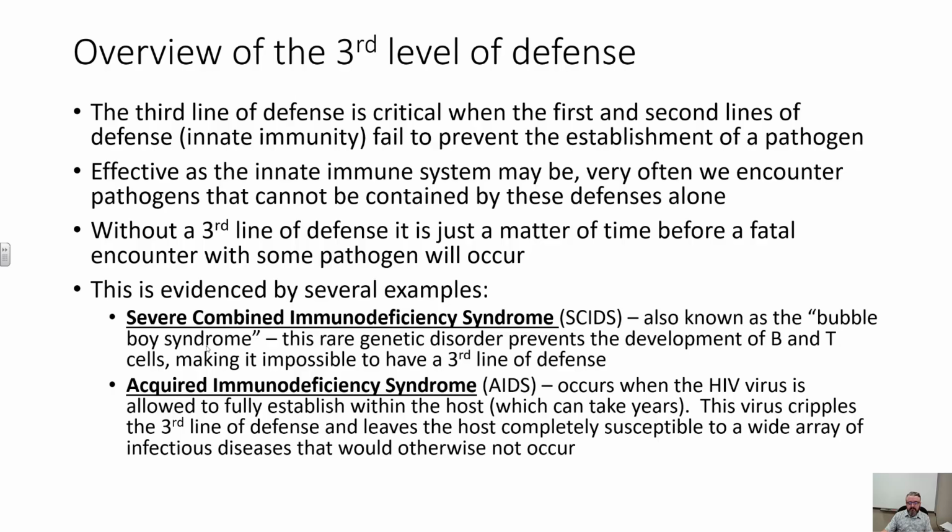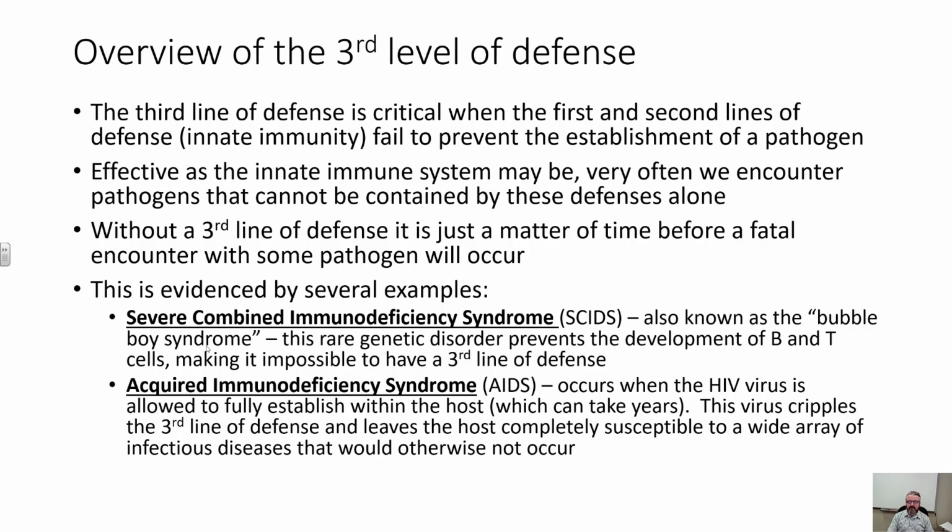Another extreme example is AIDS, acquired immunodeficiency syndrome. This occurs when the HIV virus infects you and begins to replicate and spread, and typically it takes on average a few years before you develop AIDS. The virus slowly cripples the immune system over a couple of years, and without treatment, the virus effectively wipes out the key cells in your third line of immunity.